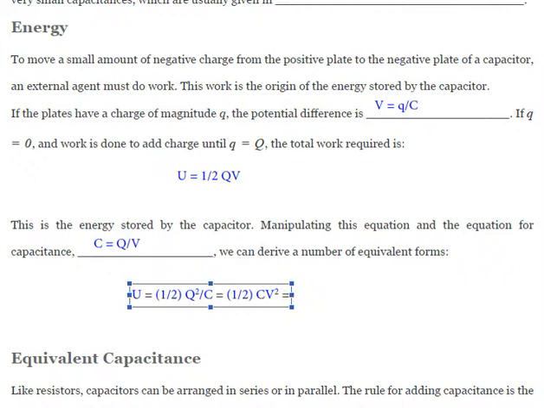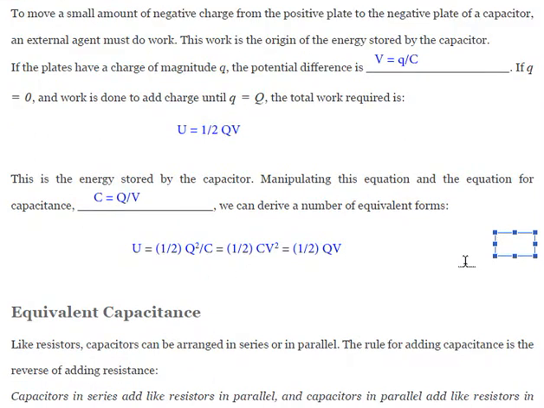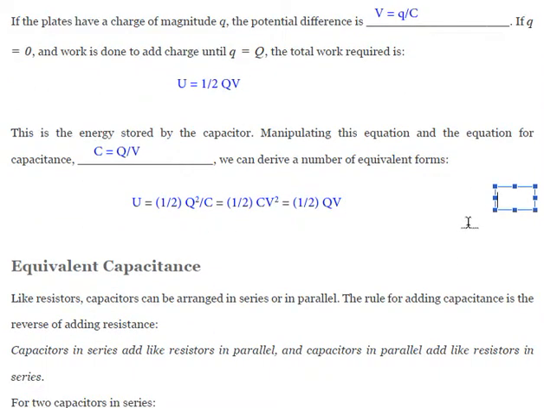Or we could just leave it in that form up above, 1/2 Q times V. So 3 different ways, depending on what information we have, to talk about the energy associated with some arrangement of charge in a capacitor.